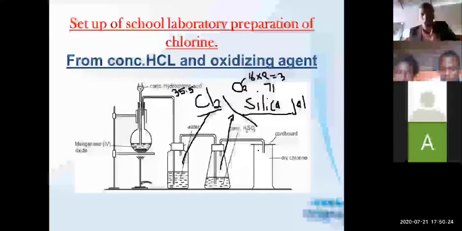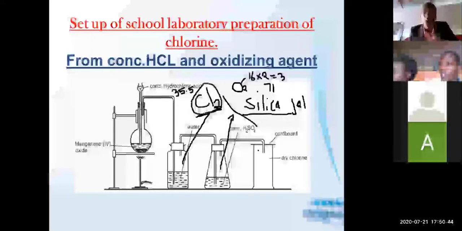Okay, let me repeat whatever I'm doing here. We want to know whether chlorine gas is more dense than oxygen. Now we are trying to calculate the molecular mass of these gases. The atomic mass of chlorine is 35.5, and chlorine gas has 2 atoms of chlorine.